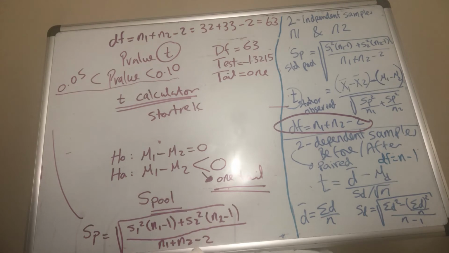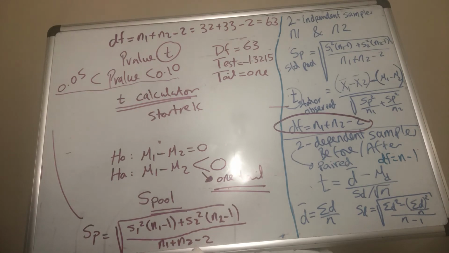And they ask you for what the t-score is. You put the number, so it's minus 1.3215, and then say calculate. You don't worry about the probability.